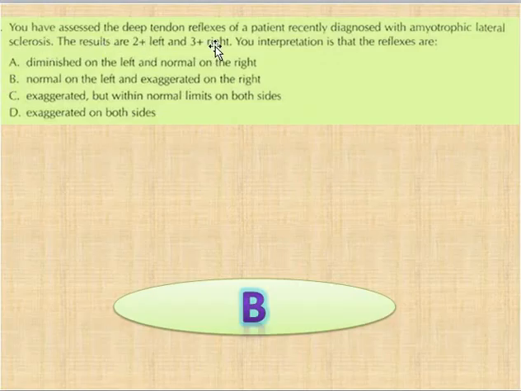You have assessed the deep tendon reflexes of a patient recently diagnosed with amyotrophic lateral sclerosis. The results are 2 plus left, 3 plus right. Your interpretation is that reflexes are option A diminished on the left and normal on the right, B normal on the left and exaggerated on the right, okay, C exaggerated but within normal limits on both sides, and D exaggerated on both sides.